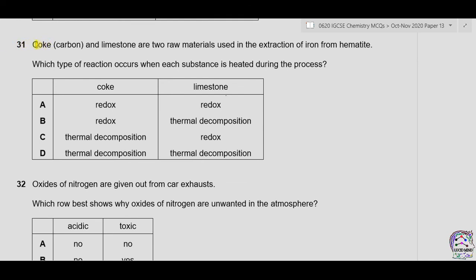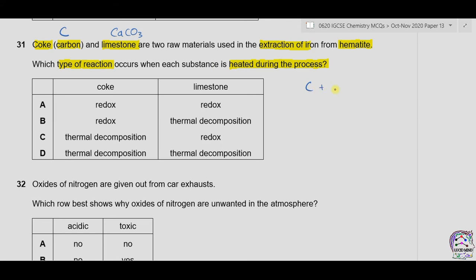Question 31. Coke, which is carbon, and limestone are two raw materials used in the extraction of iron from hematite. Which type of reaction occurs when each substance is heated during the process? We have carbon and limestone. Limestone is calcium carbonate.